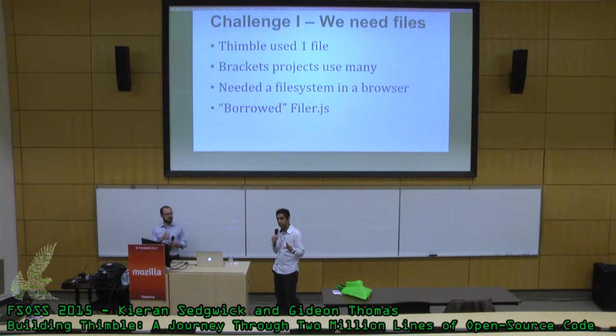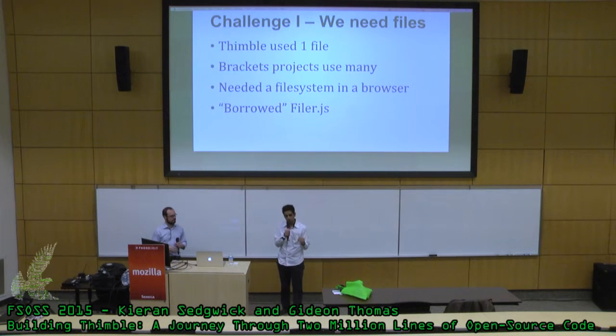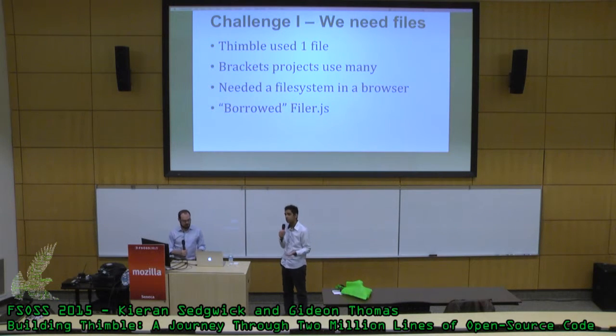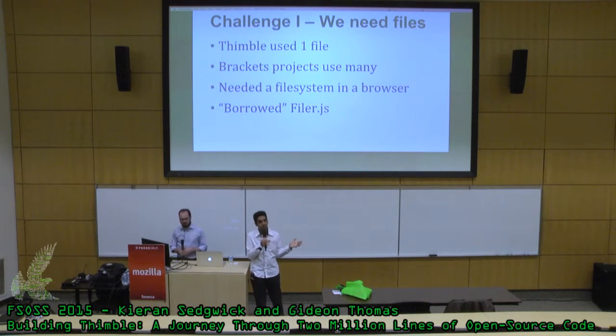So you had your HTML, you could put your CSS and JavaScript, but it all had to be in one file, and you would get your end result on the right. Brackets, however, had a different concept in mind. It worked in terms of projects. And projects, by definition, means multiple files. So we needed a way to make that possible. And what that implied was we needed a file system that could work in a browser.